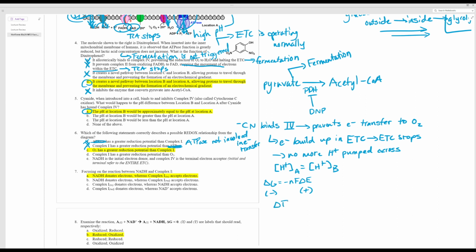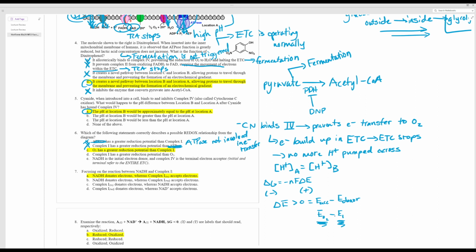So we need the acceptor, or the final, minus the donor, or the initial, to be greater than 0. If O2 has a greater reduction potential than complex 1, then the reduction potential of O2 minus the reduction potential of complex 1 is greater than 0.